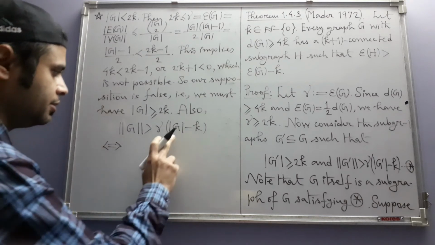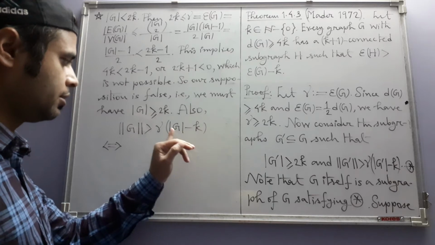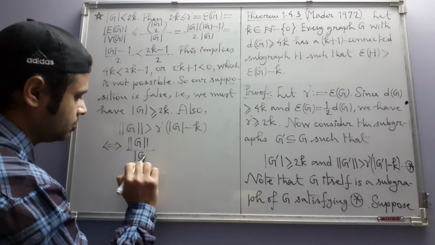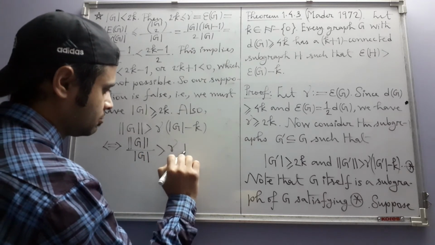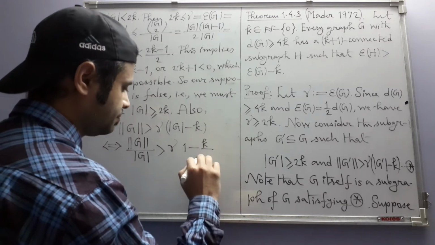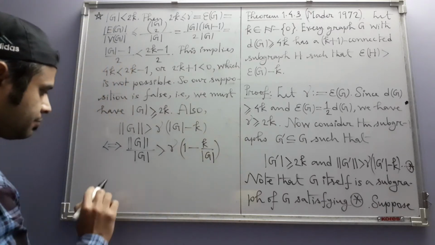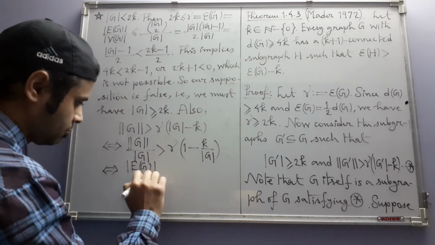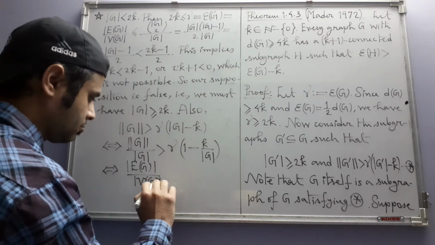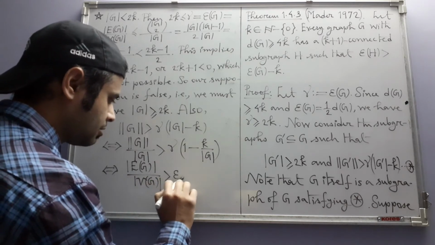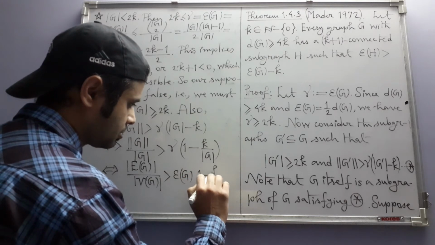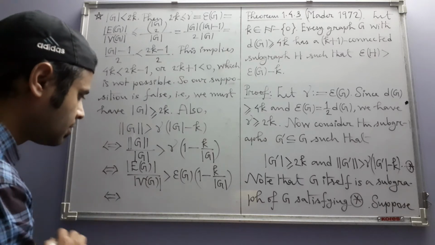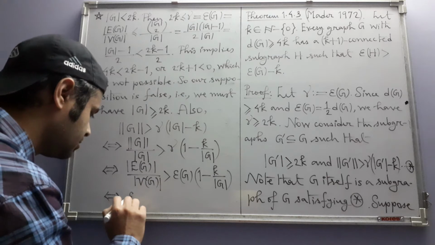This is equivalent to, if we divide on both sides of this inequality by the order of G, the number of vertices, then we get this: one minus k divided by the order of G. Gamma is nothing but epsilon of G, and this is nothing but epsilon of G itself.